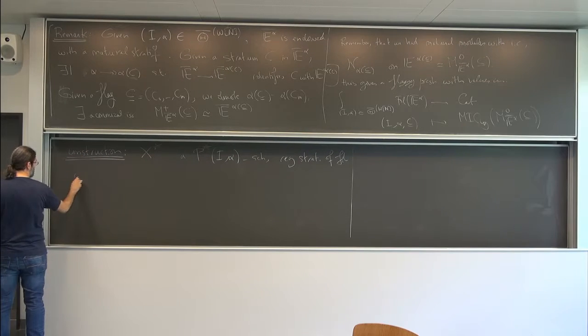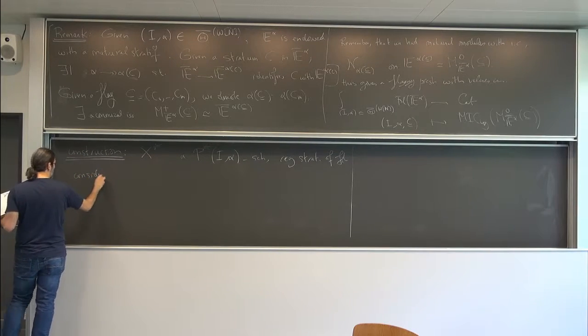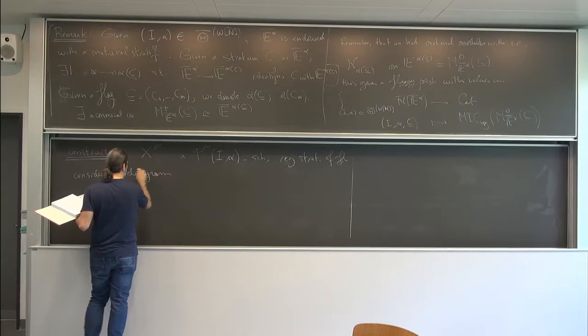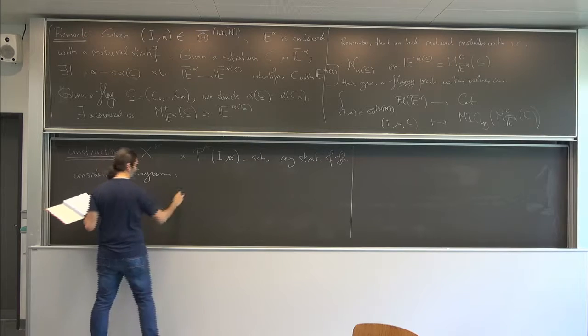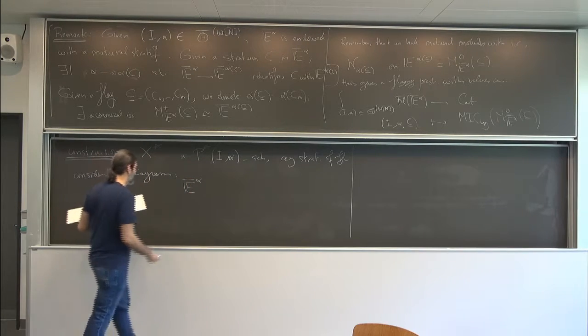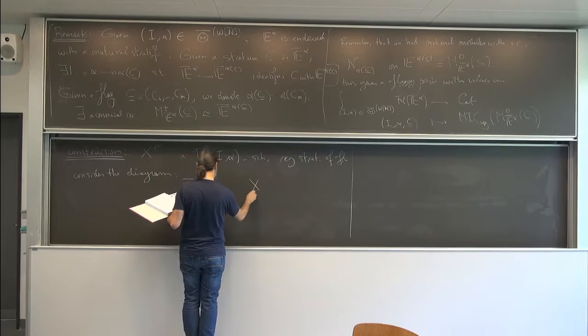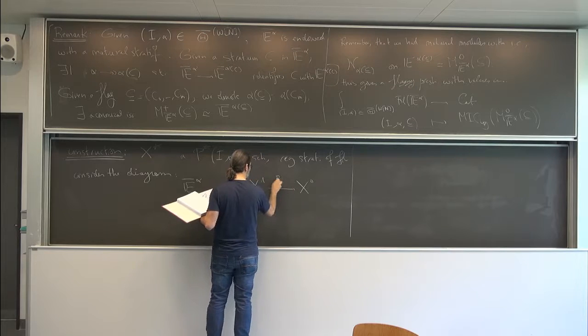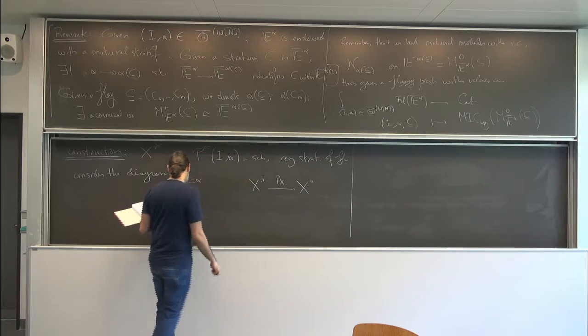And so, as usual, we consider a diagram of this form. So I have E bar alpha. So I have X1 going to X0. This is the projection that I call pX.